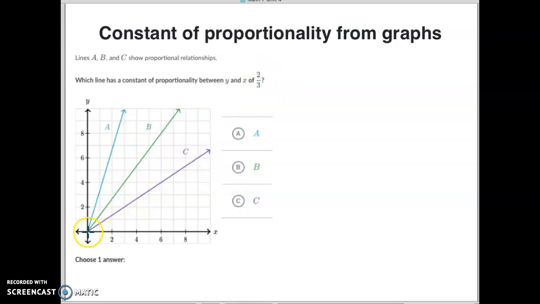So that means when we take it from a starting point, like right here, which one of these goes up 2 and over 3? So if we go up 1, 2, and over 1, 2, 3, you can see when we're going up 1, 2, and over 1, 2, 3, the purple line, line C, had a constant of proportionality of 2/3.